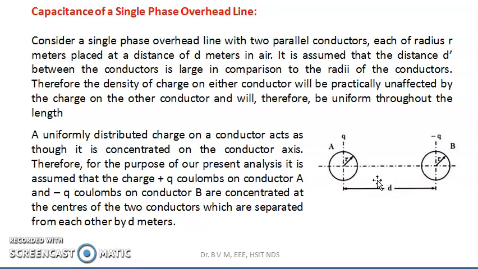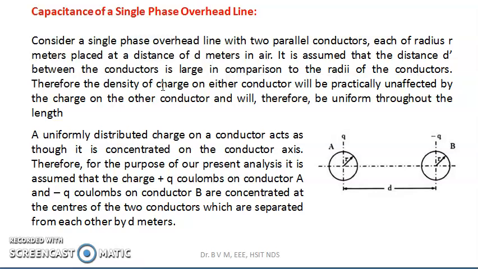Obviously, this distance is very large as compared to the radius of the conductor. The distance d between the conductors is large in comparison to the radii of the conductors.